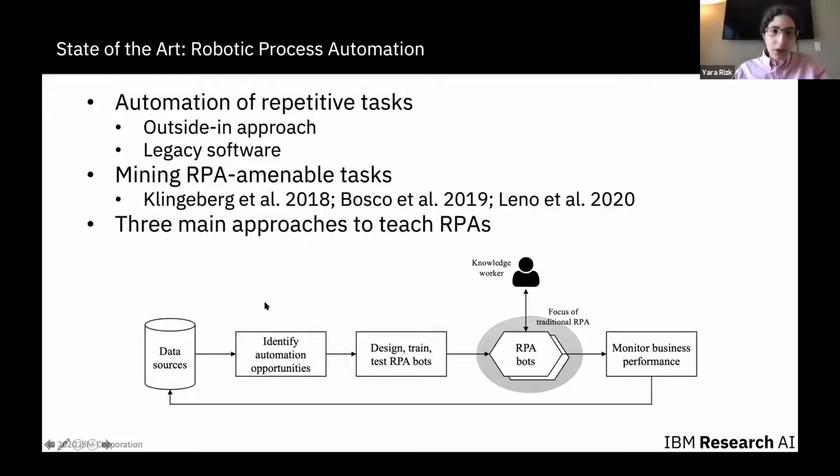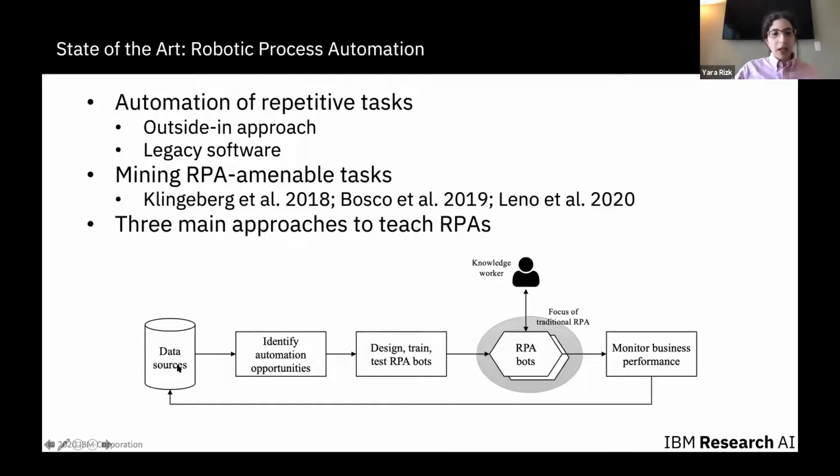So within the scope of RPAs, the main focus is on automating repetitive tasks with this outside-in approach, as we had already mentioned, because it's less costly in the realm of legacy software. The RPAs would basically automate a specific task, and there are a few steps that go into creating these RPAs.